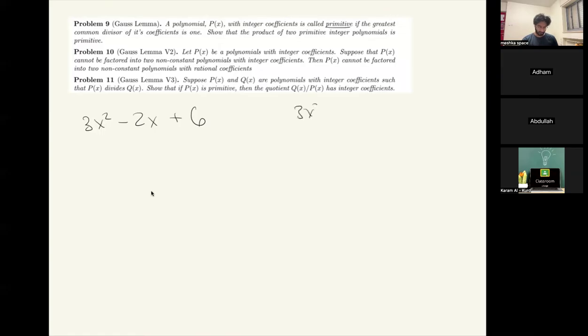But if I took 3x squared minus 3x plus 6, this is not primitive because all the coefficients are divisible by 3. So does the definition make sense? Yes.